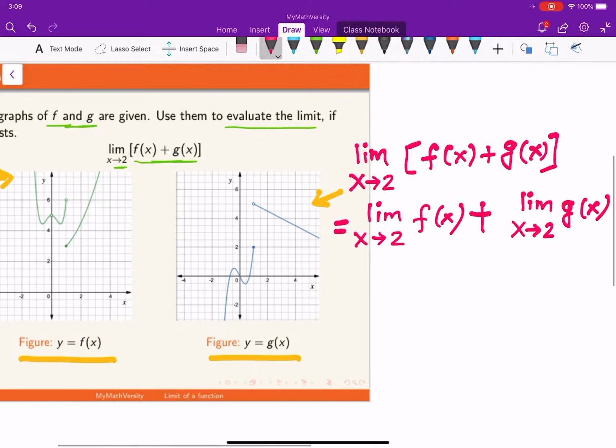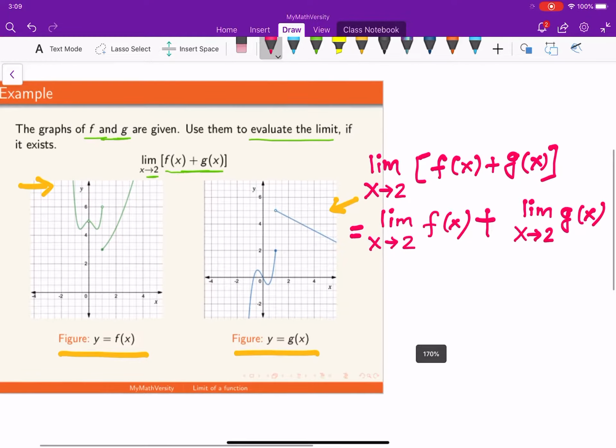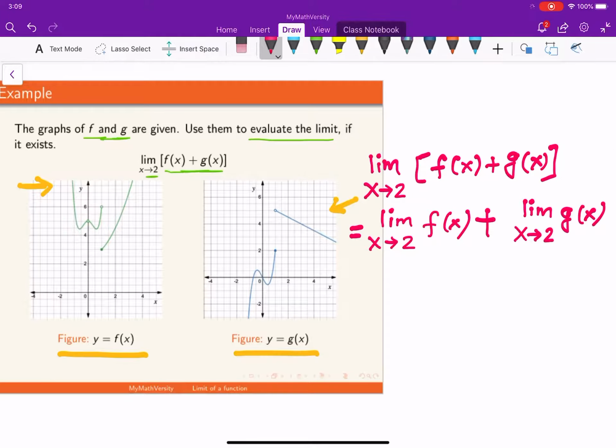But how can we apply that rule here? To use it, we need to know the limit of the function as x gets closer and closer to 2. So let's look at the graph of f, the green curve. On the x-axis, let's go closer and closer to 2 from the left, and then also from the right.